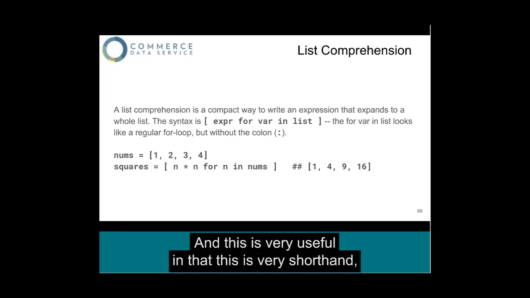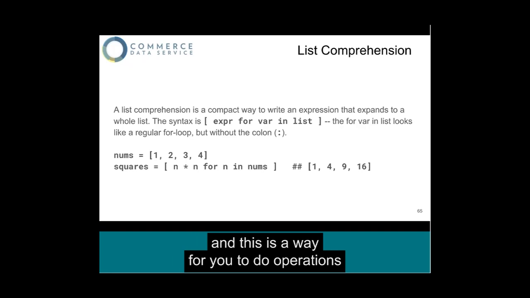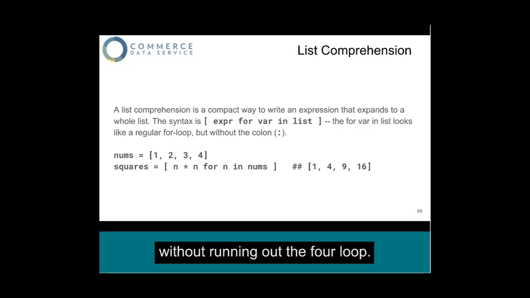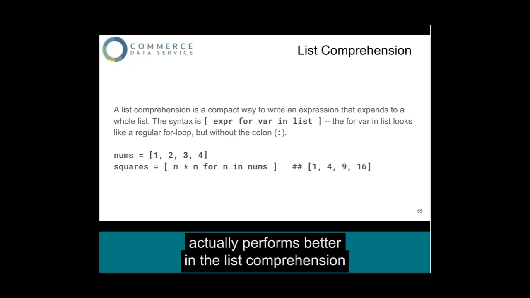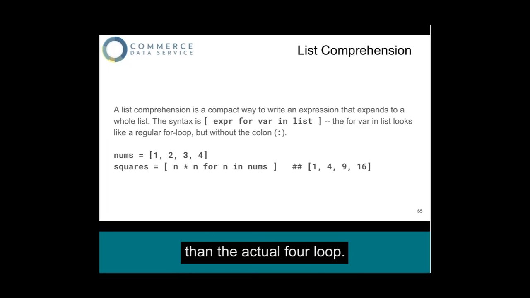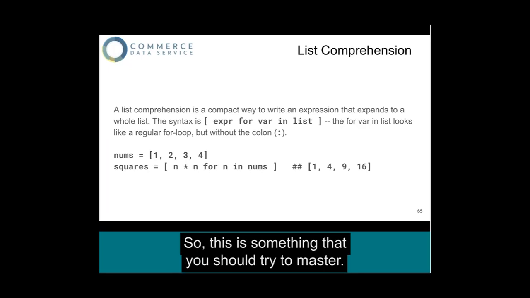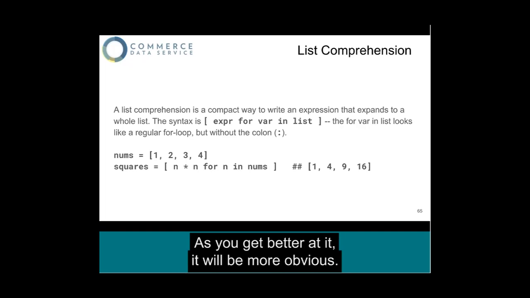And this is very useful in that it's very shorthand, and it's a way for you to do operations on a list without writing out the full loop. And the thing is that Python actually performs better with list comprehension than with an actual for loop. So this is something you should try to master as you get better at it. This will be more obvious.